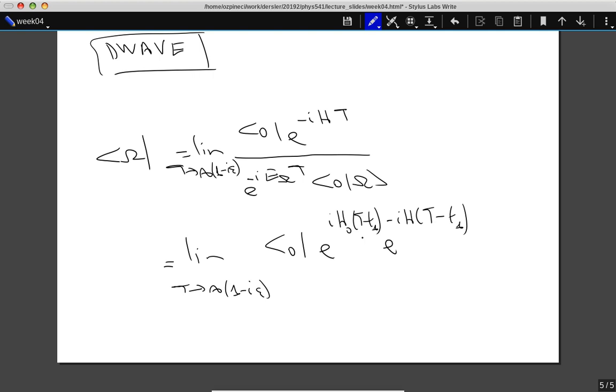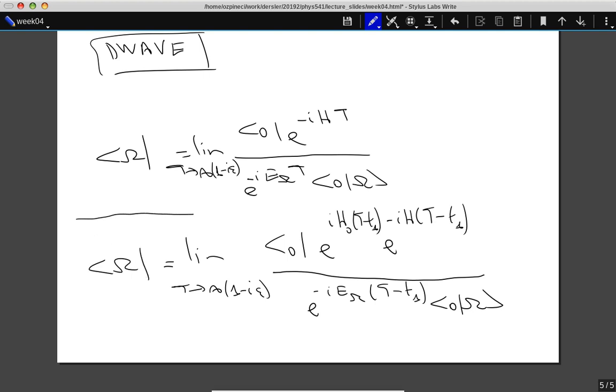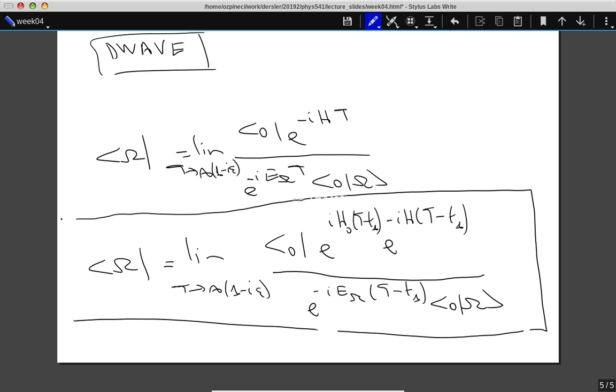Taking t goes to infinity or t minus t1 goes to infinity, they are the same thing. And H0 acting on this vacuum gives me 0, divided by e to the power minus i E_Omega (t minus t1) times the overlap of 0 with Omega. This is my Omega ket.